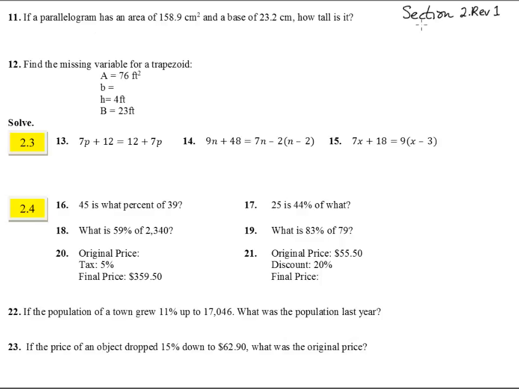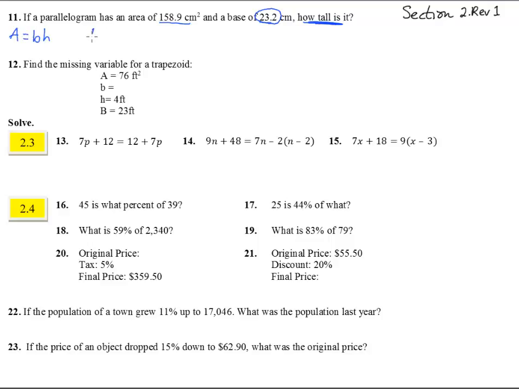Here we are in section 2, chapter 2, review 1. Number 11. If a parallelogram has an area of 158.9 centimeters squared and a base of 23.2 centimeters, how tall is it? The formula for a parallelogram is area equals base times height.